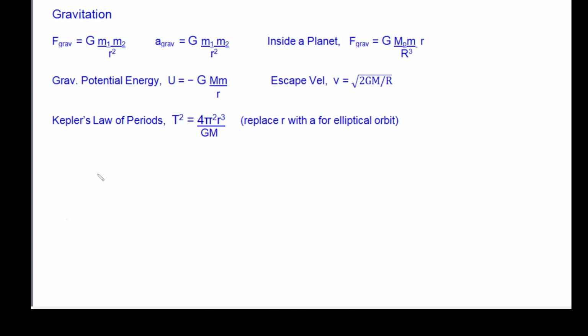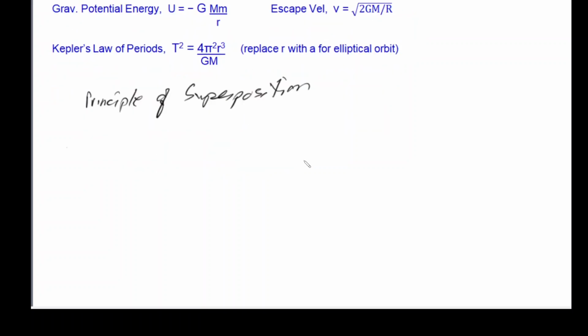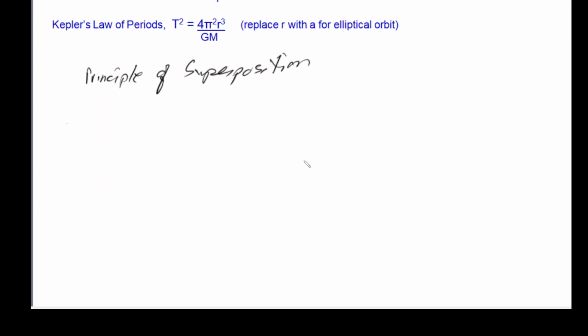I also want to point out the principle of superposition. This states that the net force on an object is the sum of all the individual forces acting on it.